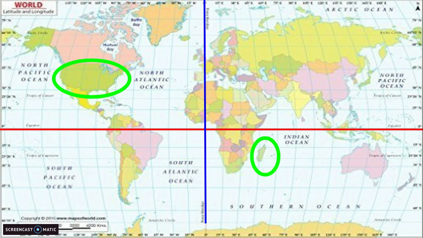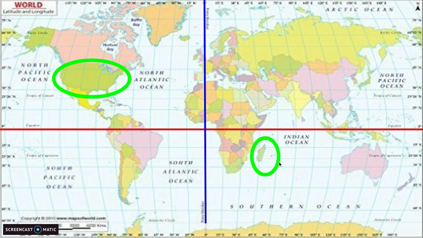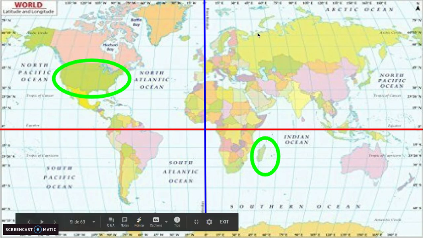It is part of the southern hemisphere. You find the equator. It is below the equator, which means it's part of the southern hemisphere. Is it part of the eastern or the western hemisphere? Correct. It is part of the eastern hemisphere.